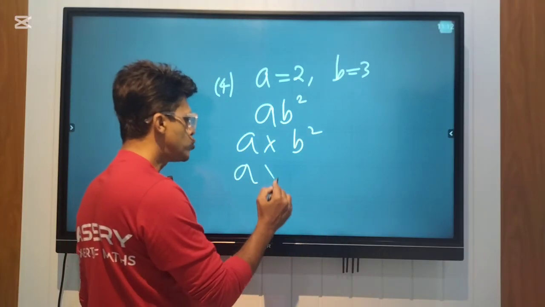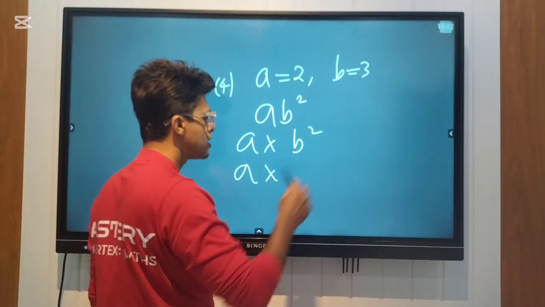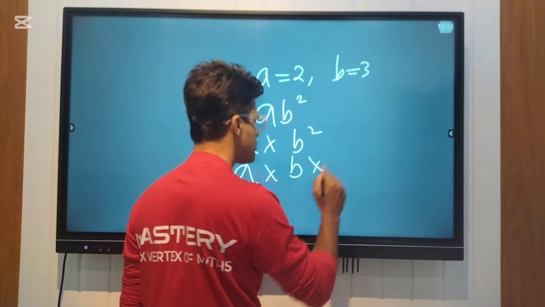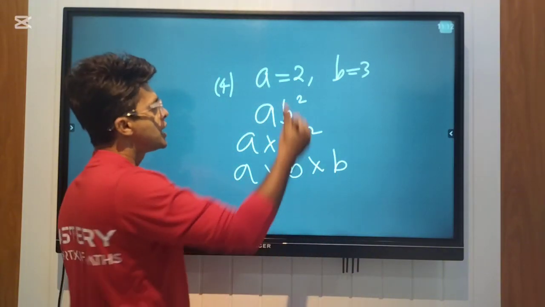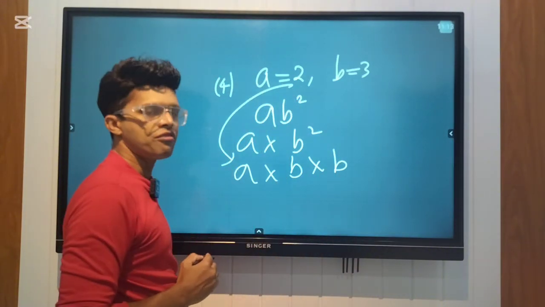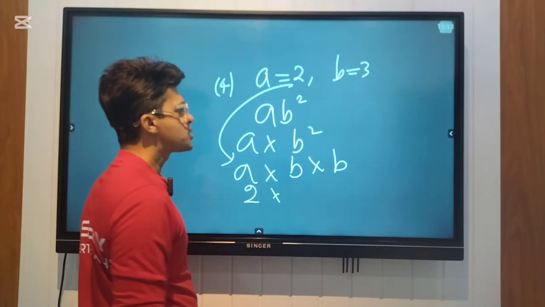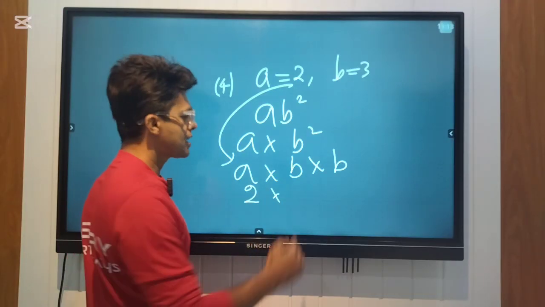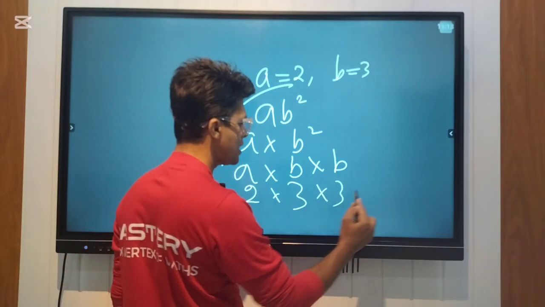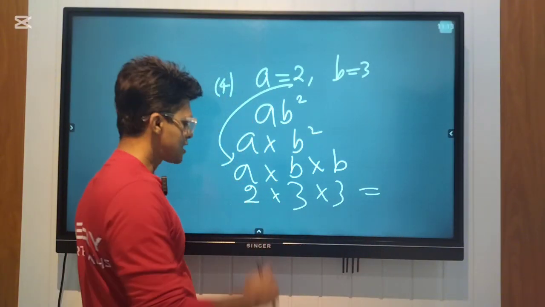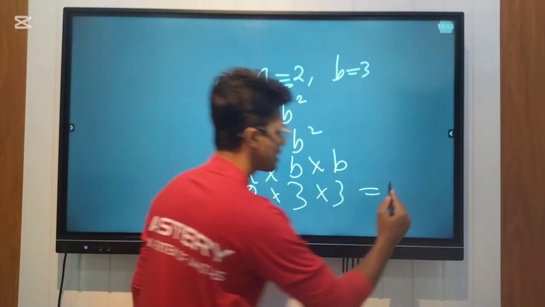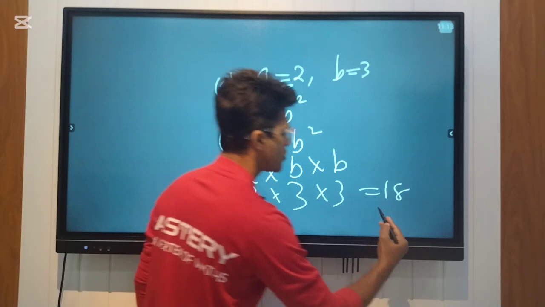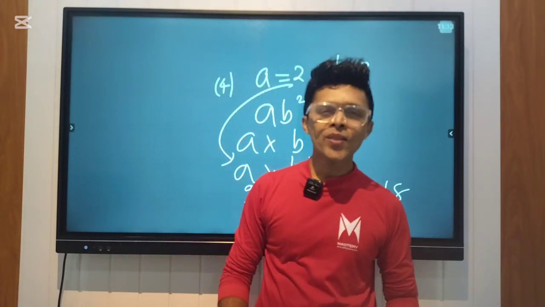So you need to expand this. B square means B times B. Now you could substitute the given value of A, that is 2, and the value of B, that is 3, here as well 3. Now you could multiply these digits: 2 times 3 is 6, 6 times 3 is 18. This is the answer.